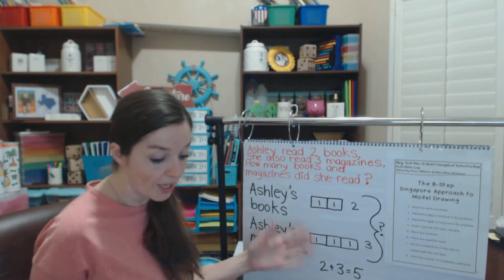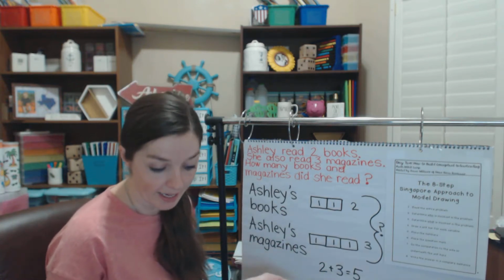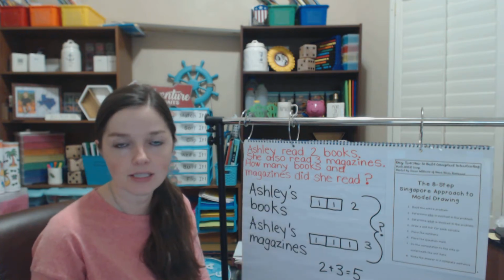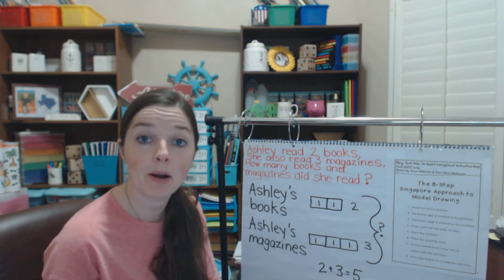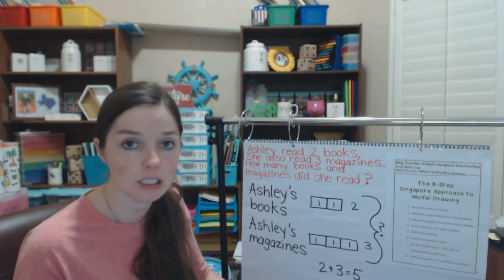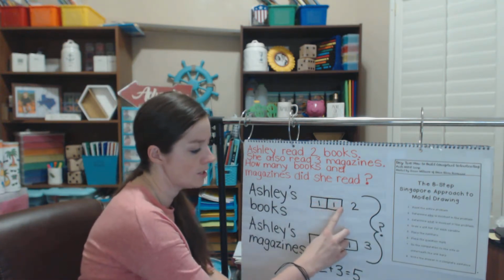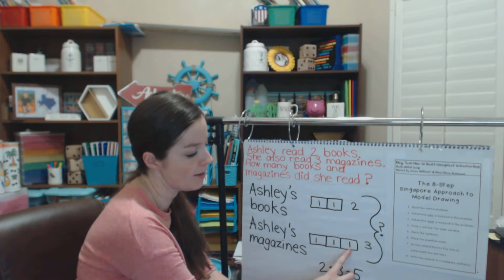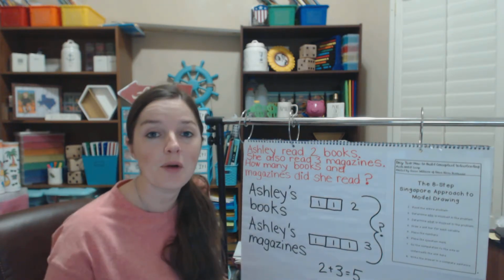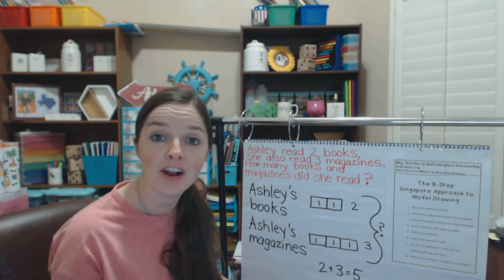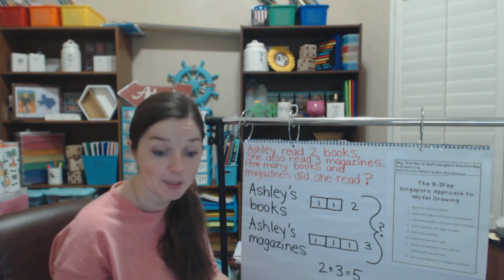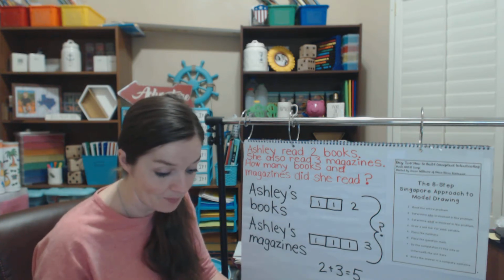Now, we can show our work when we're done adding, and we can ask our students if there's anyone else that solved this problem a different way. A student might say, well, I counted each individual unit. 1, 2, 3, 4, 5. So I got the total of 5, and that is great. We want our mathematicians to share and communicate their solutions to these problems as we're working through it.